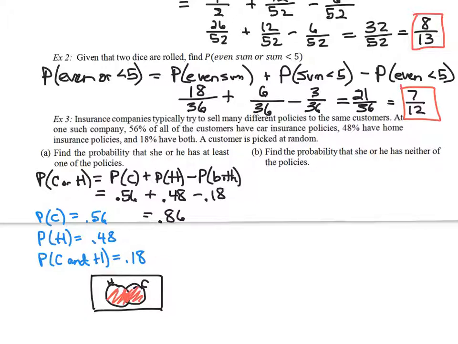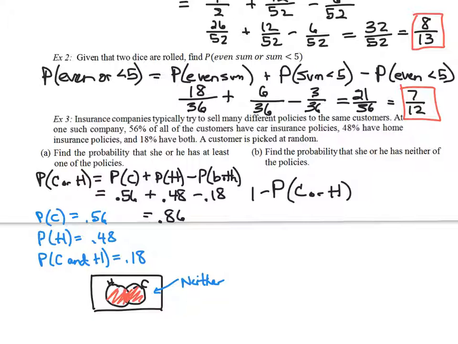Now, for the second half of the question, it says find the probability that she or he has neither of the policies. Well, neither of the policies means on my Venn diagram, we're talking about the people that are outside of the two circles. So neither is going to be the probability of C or H, but then we're going to subtract that from 1 because we have to take the complement.